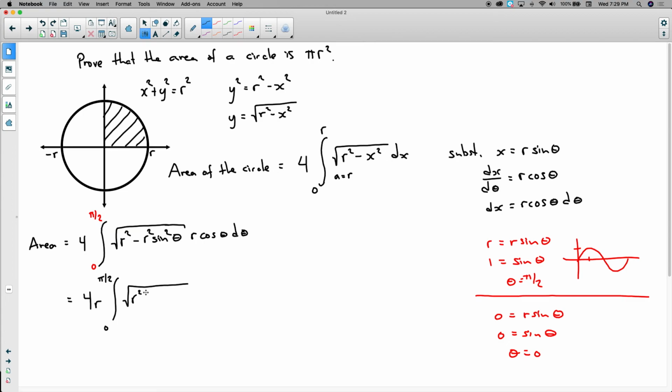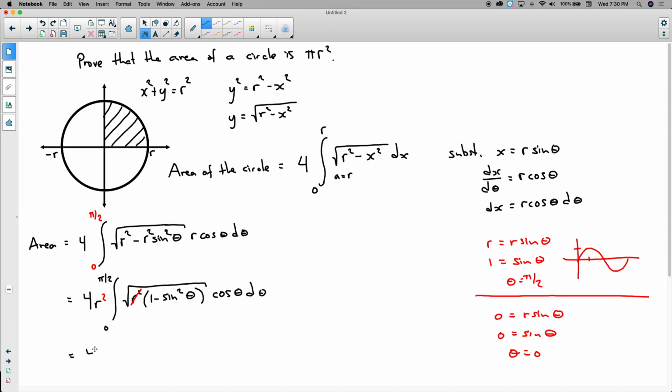I'm going to factor out an r squared. And an r squared inside the root is worth an r outside of the root, which is worth an r out there. So I'm going to kill that and raise that to the squared power.